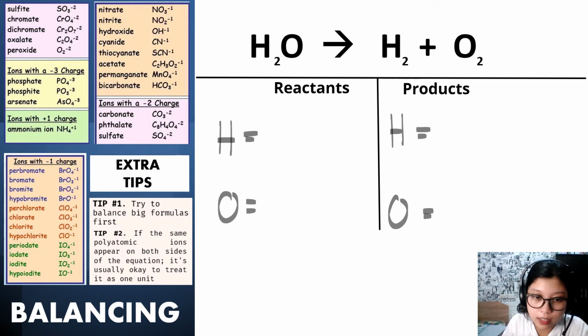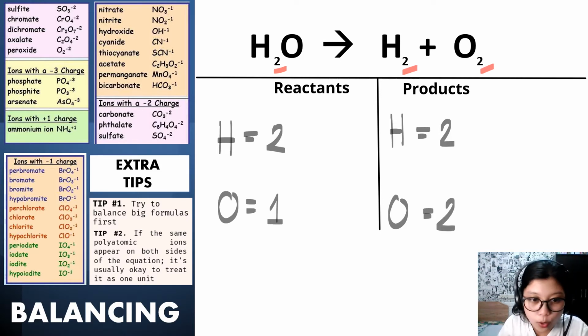Starting with the reactant side, according to the subscript, we have 2 atoms of hydrogen, and for oxygen, we only have 1. For hydrogen in the product side, still according to the subscript 2, we have 2. And for oxygen, we also have 2.